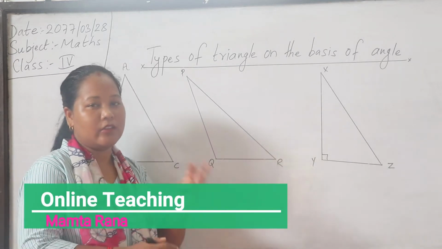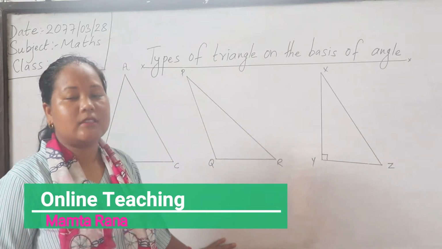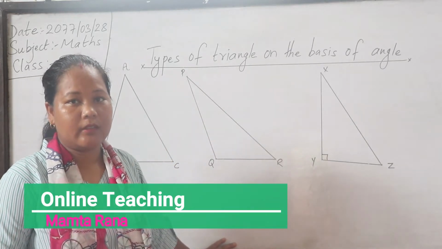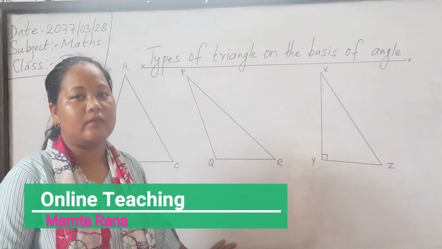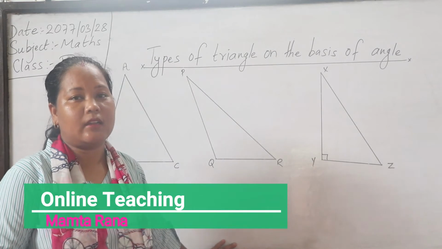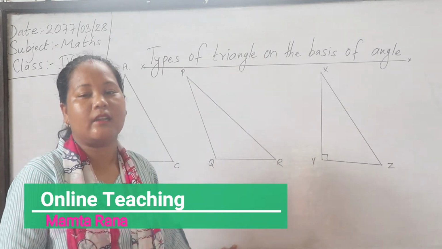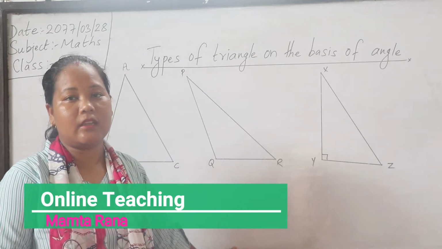Yes, and in equilateral triangle, all sides are equal. And in isosceles triangle, only 2 sides are equal. And in the scalene triangle, none of the sides are equal.